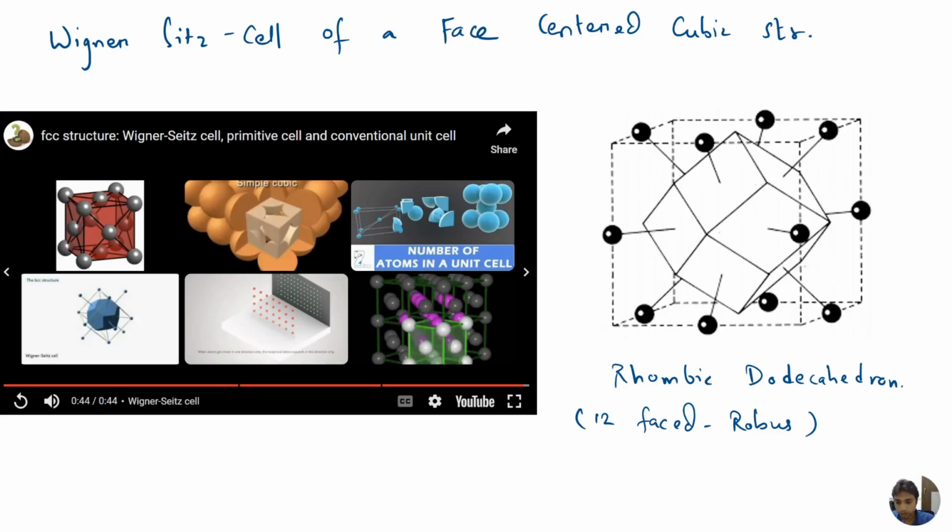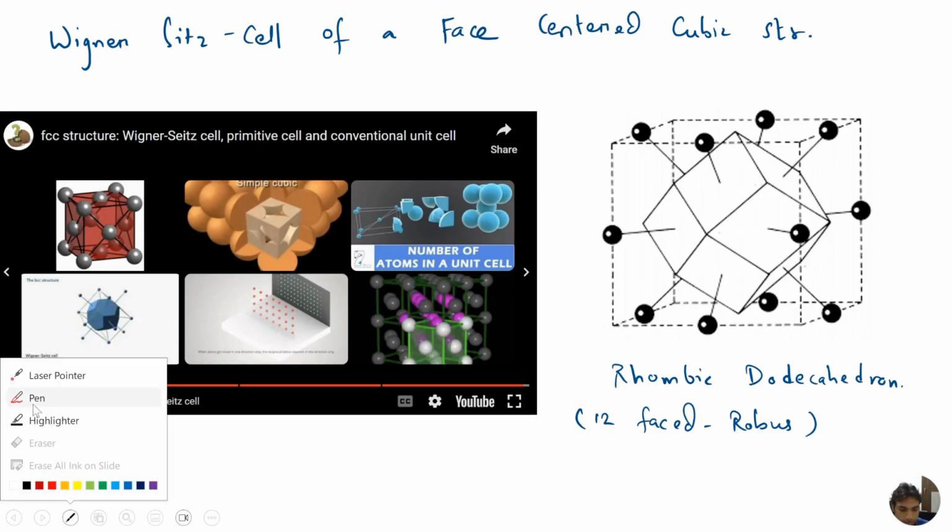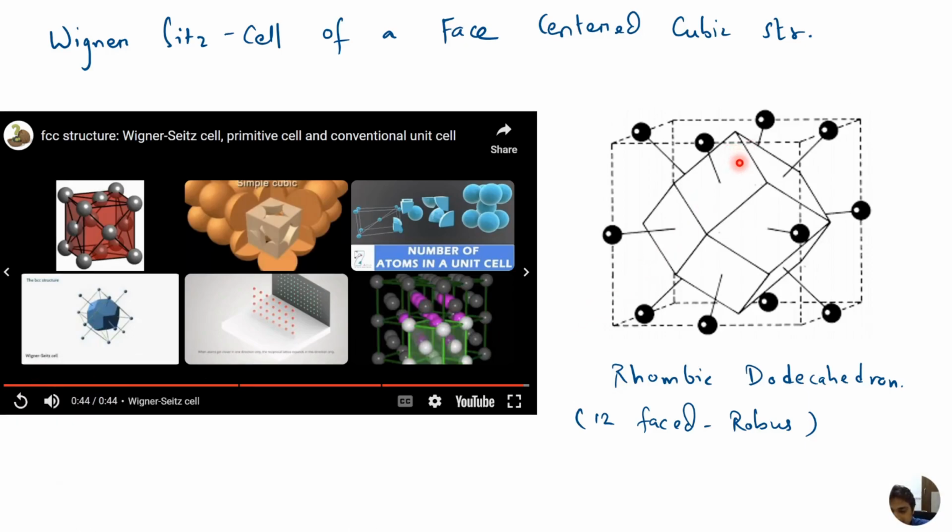Now what we want is to see what resultant structure we get after we do all this. So what we get here is this kind of structure, where we have this kind of rhombus, and there will be 12 of these rhombic faces.